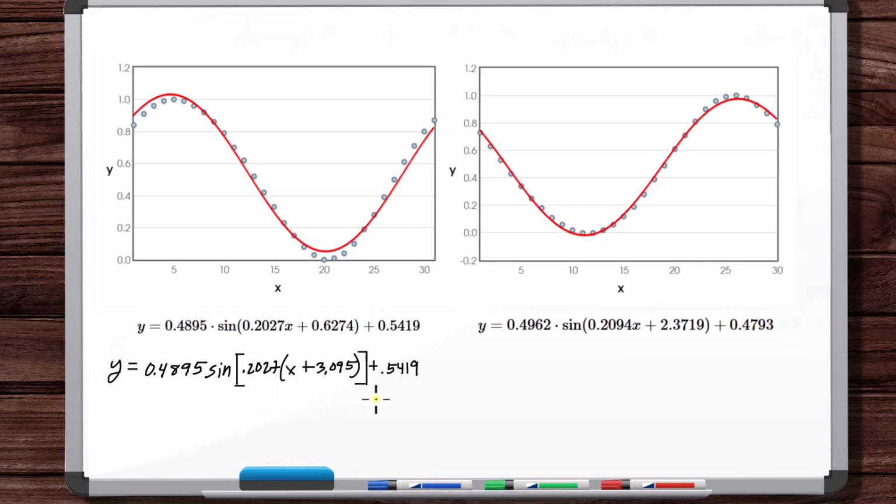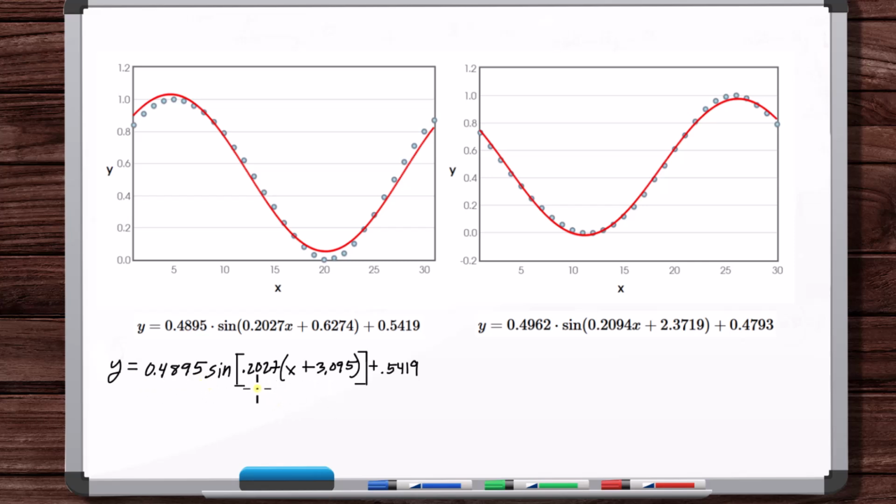Okay, so we've got a vertical shift of 0.5419, a horizontal shift to the left of 3.095, scaling about the x-axis by a factor of 1 over this, and then scaling about the y-axis by this factor. So what's the period?